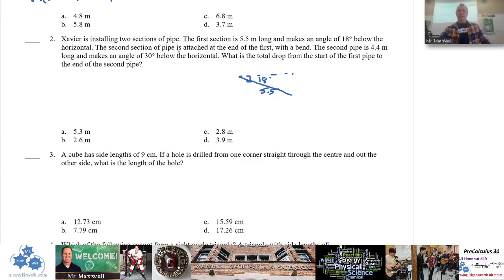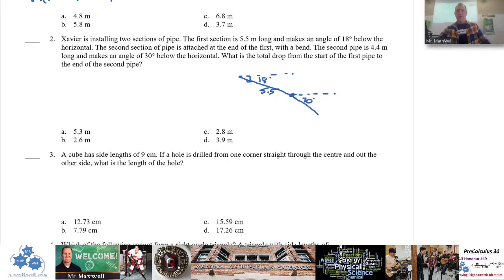The second section of pipe is attached to the end of the first with a bend. The second pipe is 4.4 meters long and makes an angle of 30 degrees below the horizontal. So it's attached to the end of the pipe and it has an angle of 30 degrees. Let's say it's somewhere around there. It's a bit much maybe, but the 18 was a bit much too.